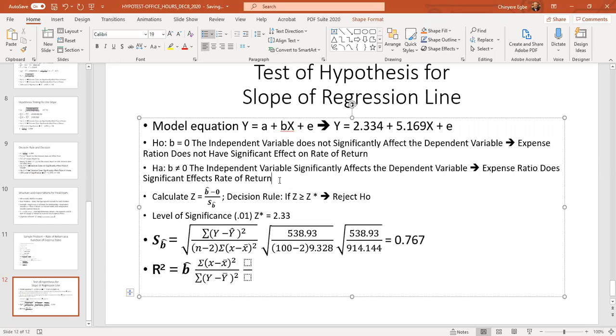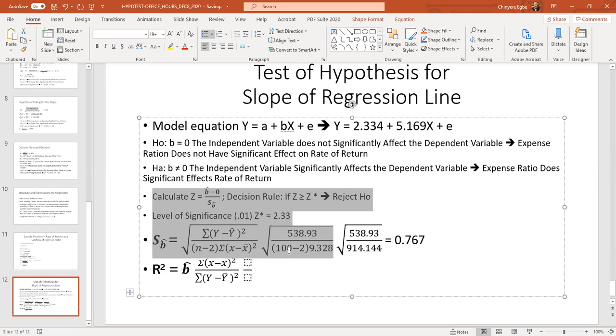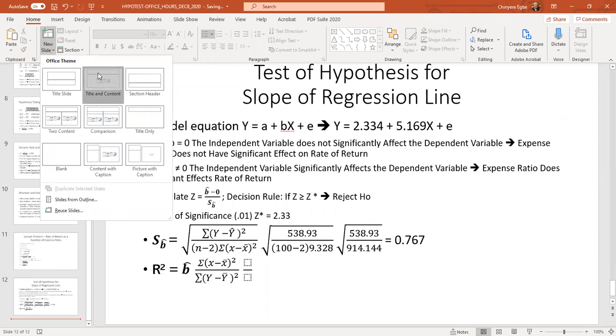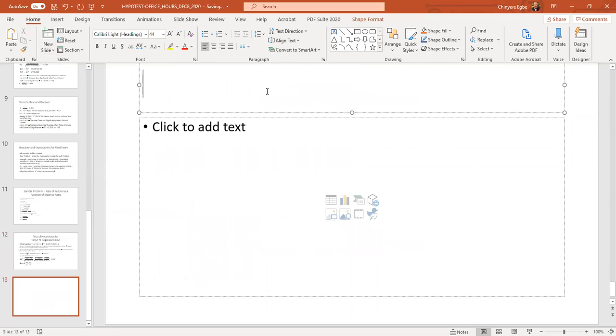Okay. So now we take it from there. We have this information. Decision on hypothesis test.